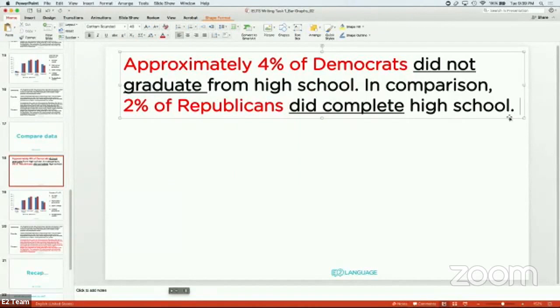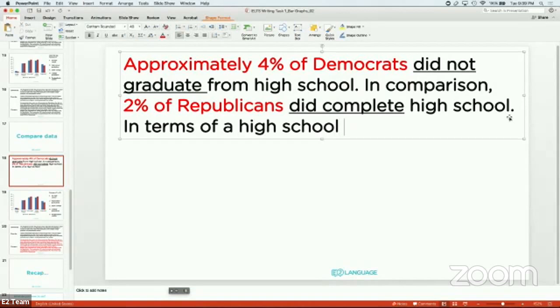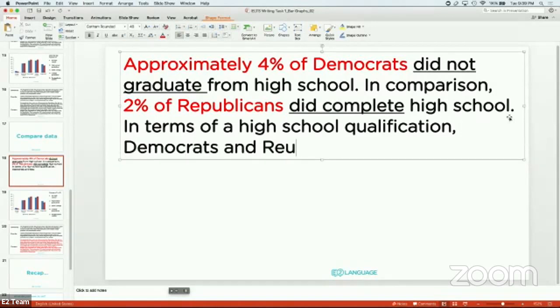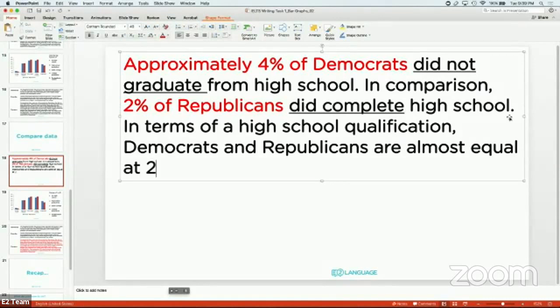In terms of a high school qualification, Democrats and Republicans are almost equal at approximately 22%. Cool. Let's separate this just for argument's sake.